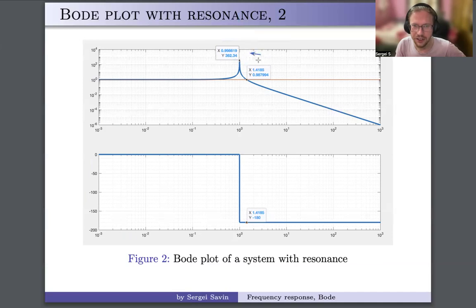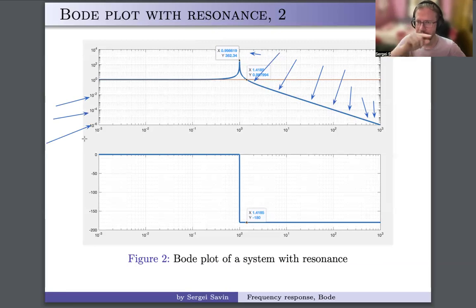But what happens after? Well, after this frequency here, you can see that the output tends to go down and down and down. The higher you go, the lower the output. And look at those numbers. Like this is 1 over 100. This is 1 over 10,000. This is 1 over a million. What you can clearly see is that the system will be able to track your input worse and worse as the frequency increases.